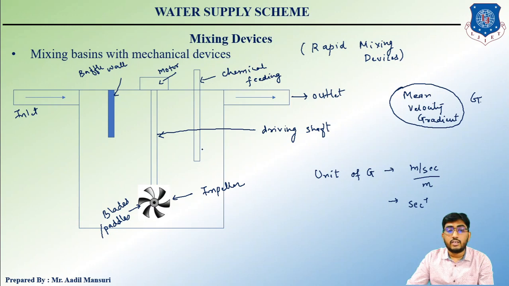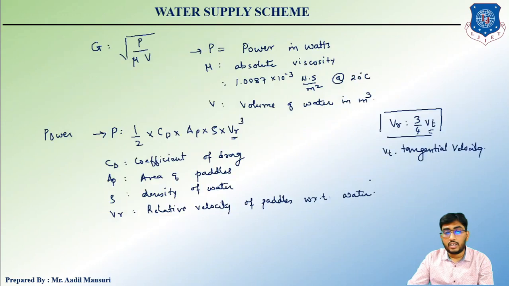So once again, this is a mixing device with rotor or impeller, and this is dependent on G, that is mean velocity gradient. Mean velocity gradient can be found out by this equation, G equals under root of P by mu into V, where P will be power in watts, mu will be absolute viscosity, and V will be volume in meter cube.